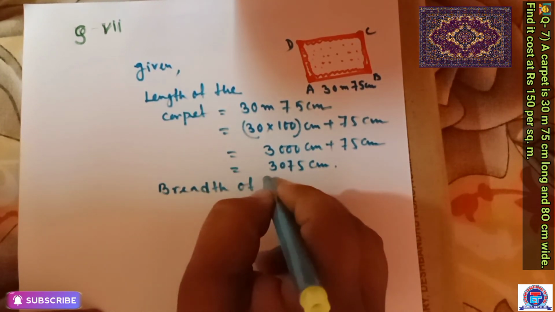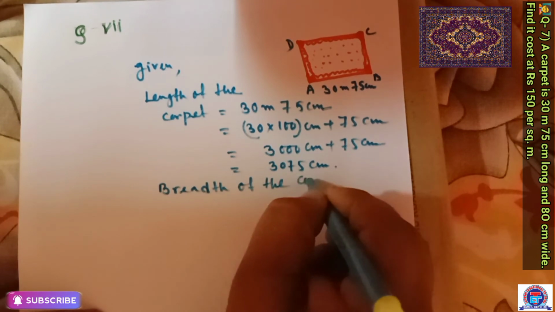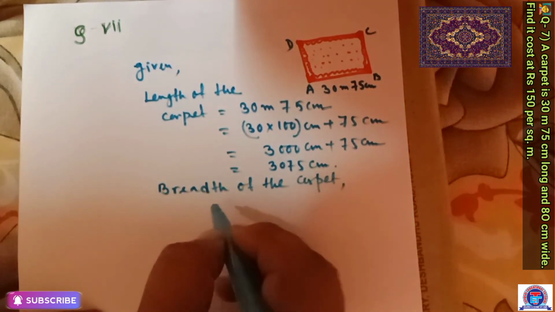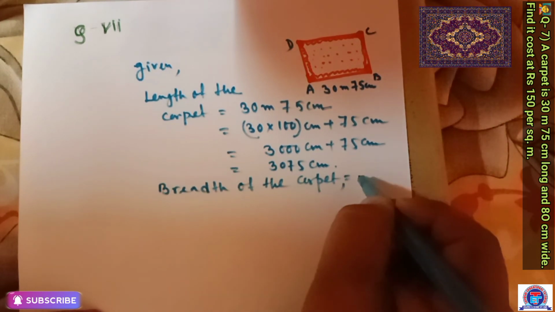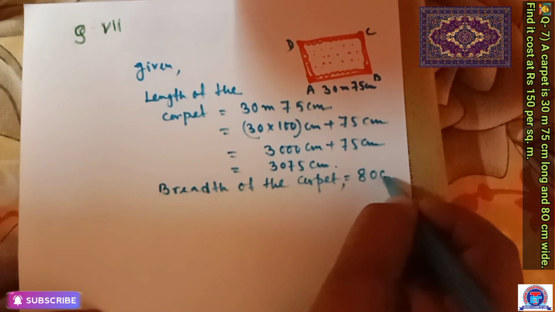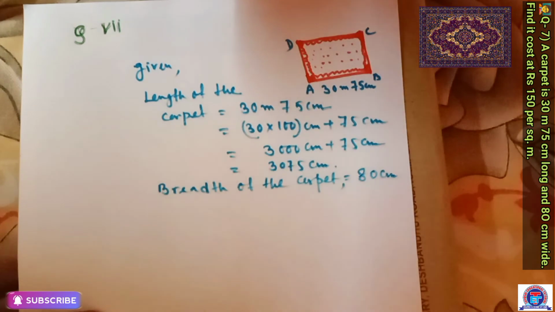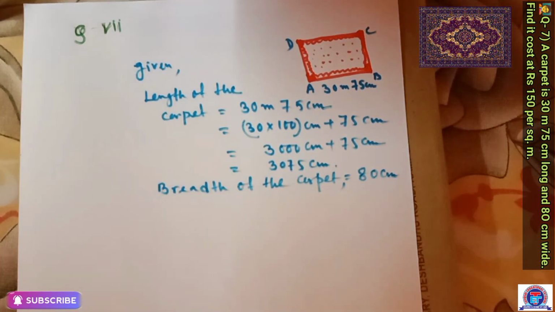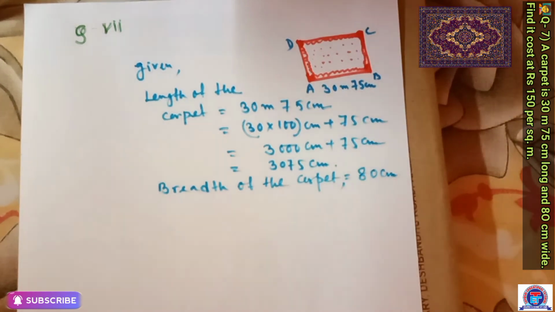Now the breadth of the carpet is equal to given 80 centimeter. Correct? So now find the area of the carpet.